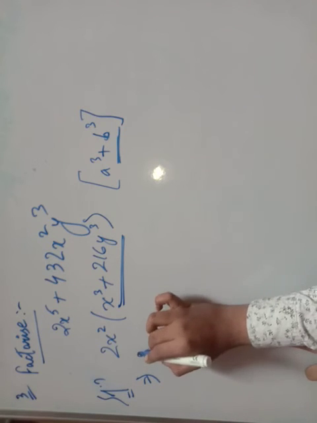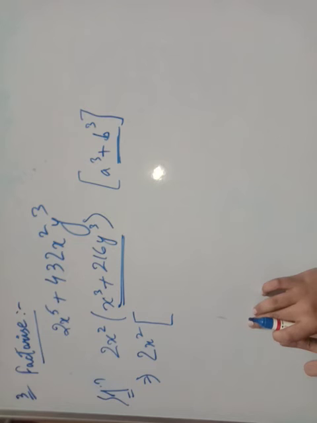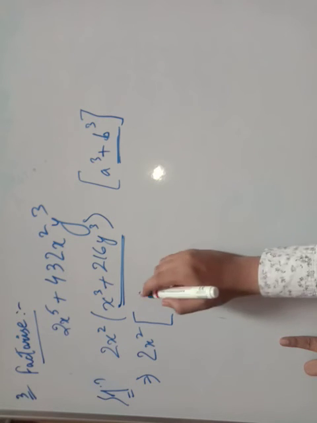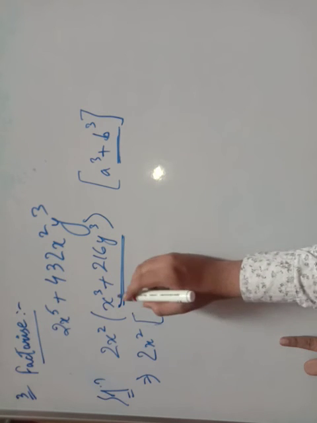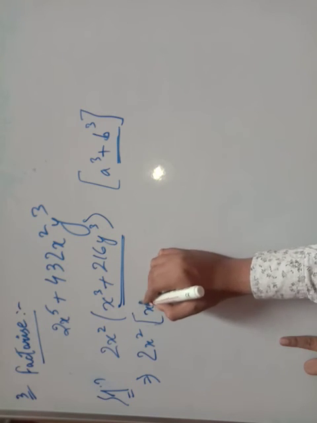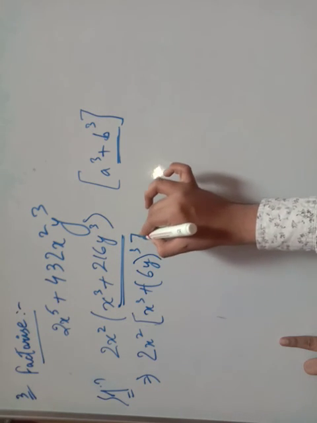So let's solve: 2x square, now put a big bracket. Now we can express it as x cube plus (6y) whole cube.